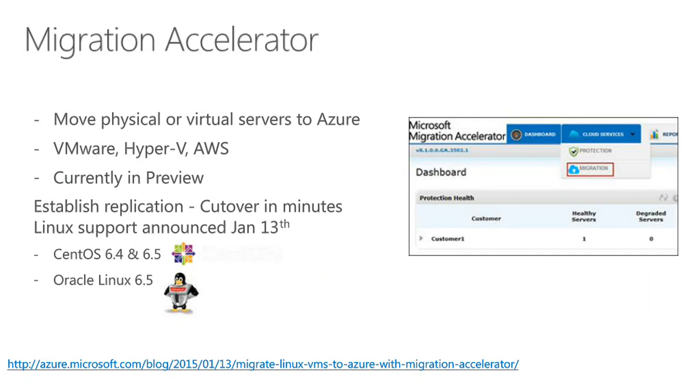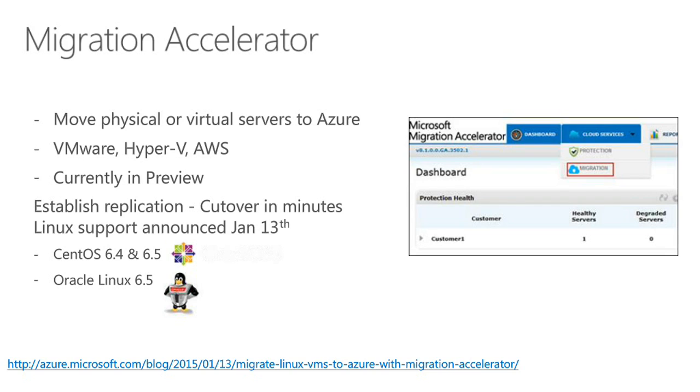Now, you could do that. We announced a new preview service called Migration Accelerator that allows you to do exactly that. You can move even physical machines. If your source is a physical machine running Linux on premises or anywhere else, you should be able to point to that and say move it to a virtual machine on Azure.